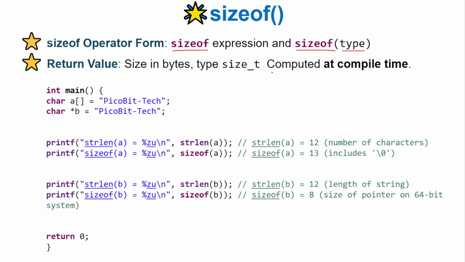When sizeof is applied to a character array, its result includes the null terminator because the array's full storage size is counted. However, when sizeof is applied to a pointer, it returns only the size of the pointer variable itself, not the length of the string it points to.